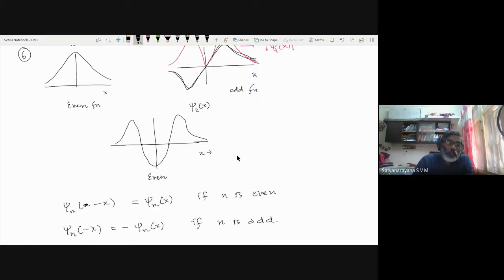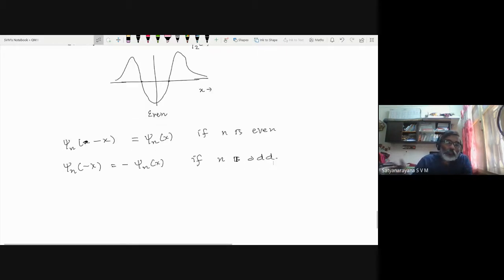Now you can see that for odd n, psi n of 0 has to be equal to 0, because psi n of 0 is equal to minus psi n of 0.